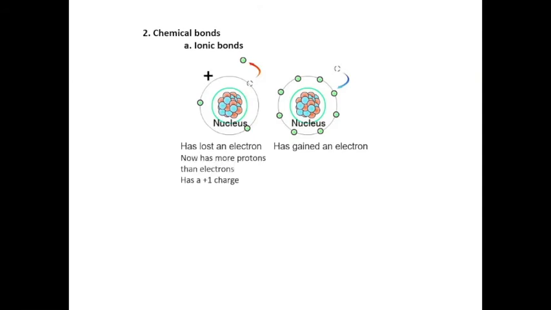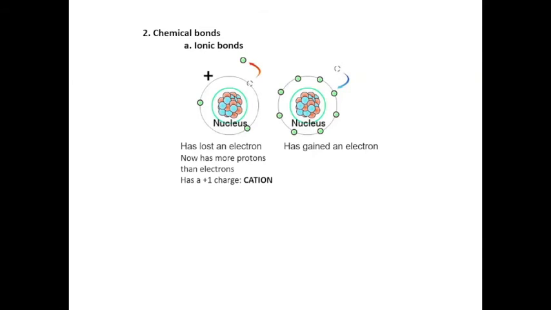Okay, so this one on the left now has more protons in the nucleus than it has electrons out here. So it's going to have a +1 charge. And when it's a +1 charge, that's called a cation. You probably know this, but we're going to go over it anyways.